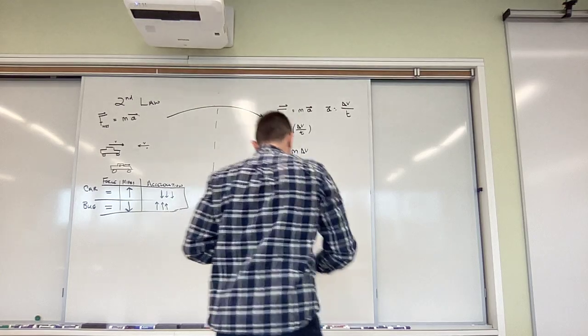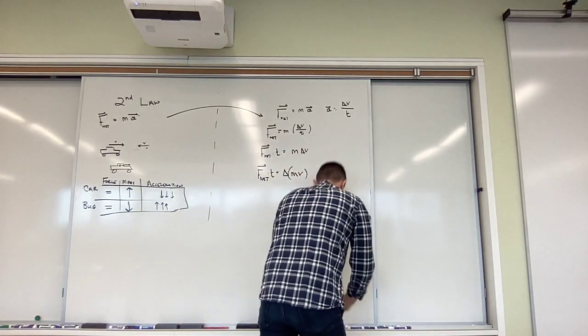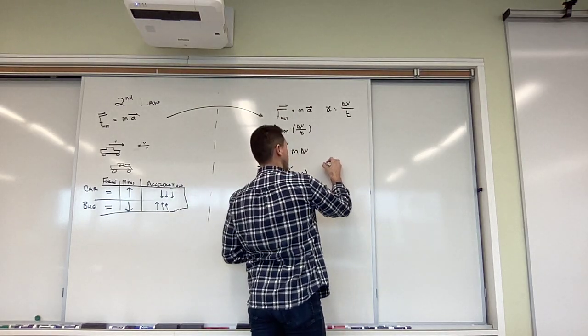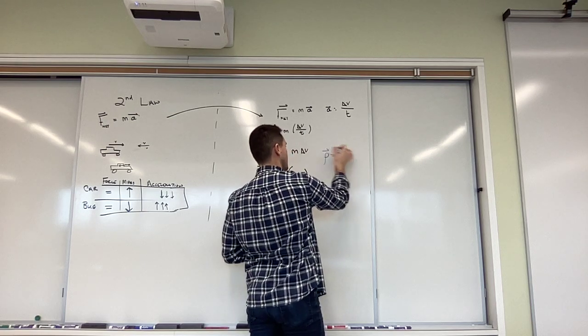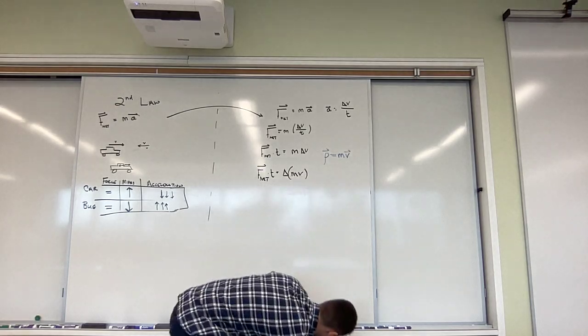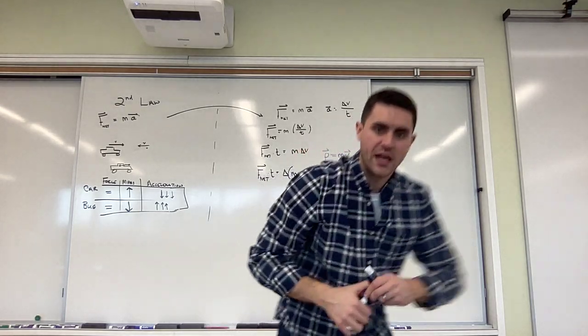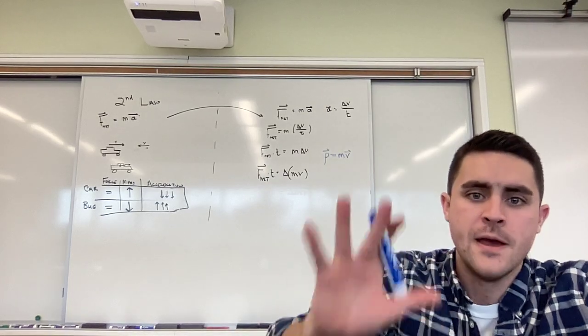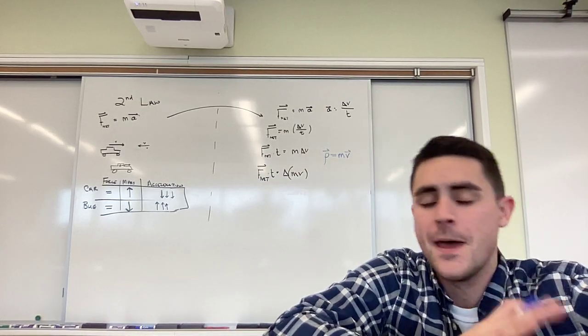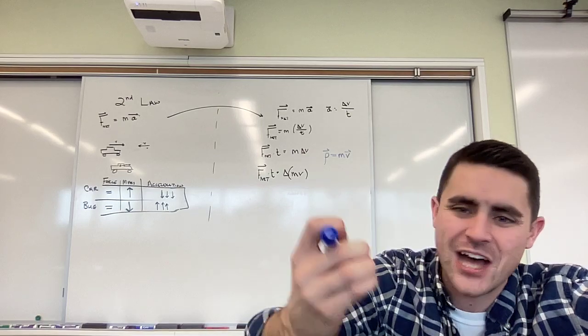mv, as we just said, has a special meaning. Momentum is equal to m times v, and you can find that on your equation sheet. Momentum is a lowercase p, sometimes a Greek letter rho, based on which text you have. But this is our equation for momentum.